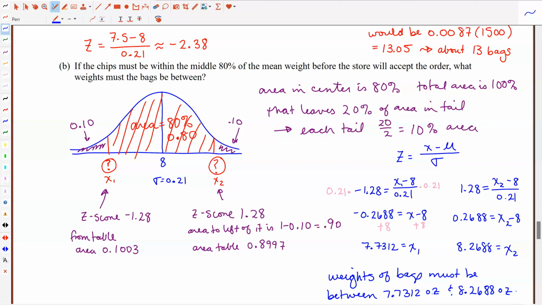And then again, as a reminder, depending on how you're getting some of your areas and z-scores, whether or not you're using the table like we did or different technology sources, you might get values that are just slightly off because of rounding and how many decimal places are being saved.